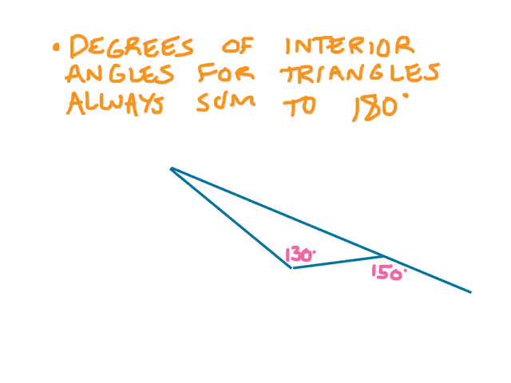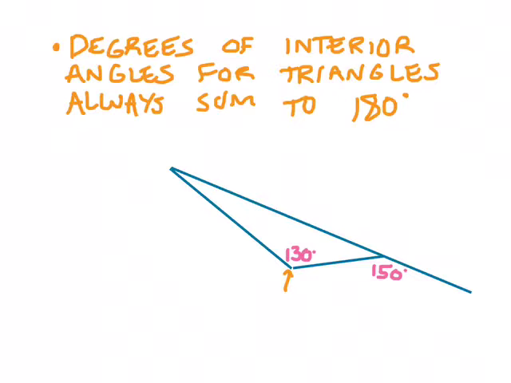I can also put that together with some things I've known before and find a lot of information, again, that I may not have necessarily thought I could find initially. Here, for example, I see that I've got a 130 degree angle, and while this isn't strictly a triangle, it does close into a full triangle. I've got three sides together.